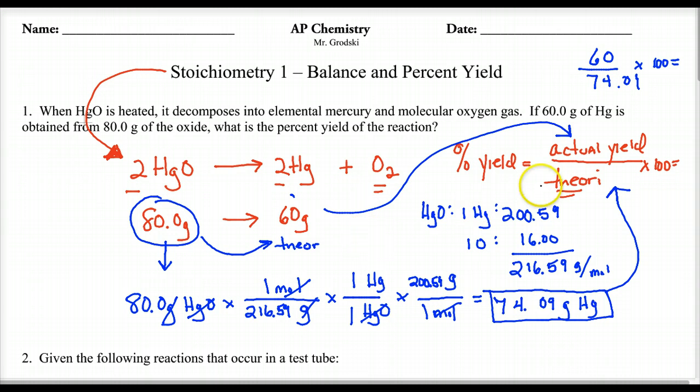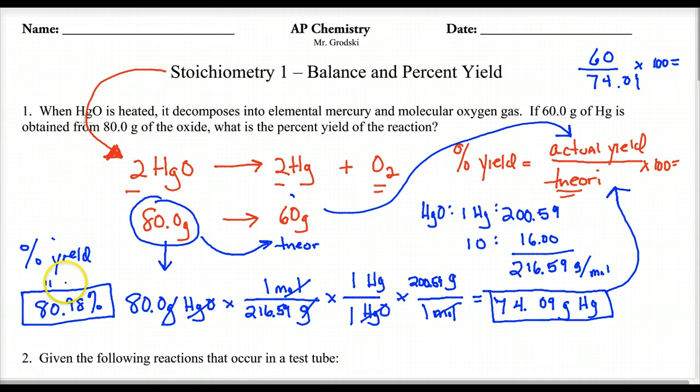So my theoretical, or my percent yield, I'll do over here. My percent yield is equal to 80.98%.